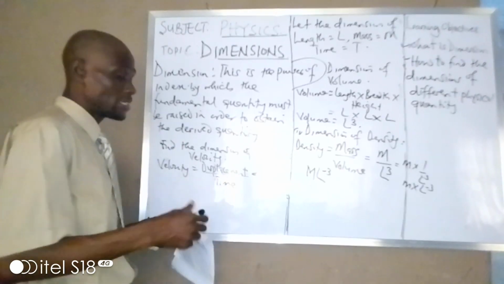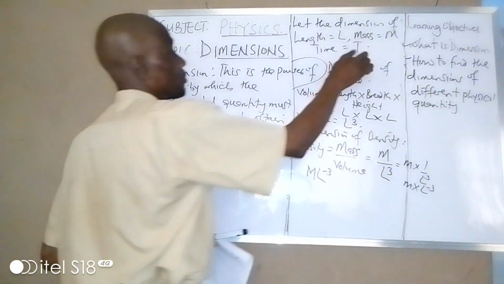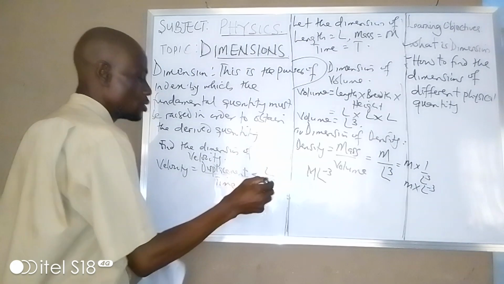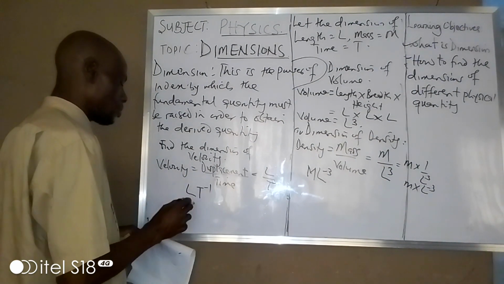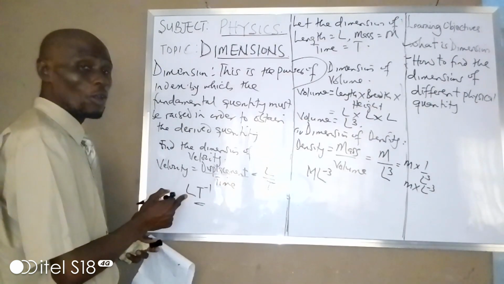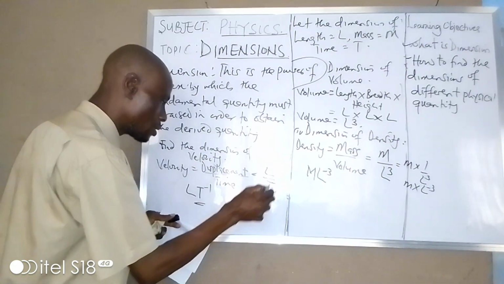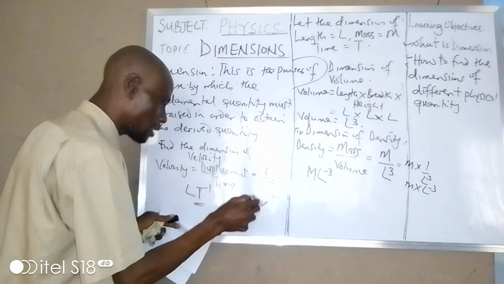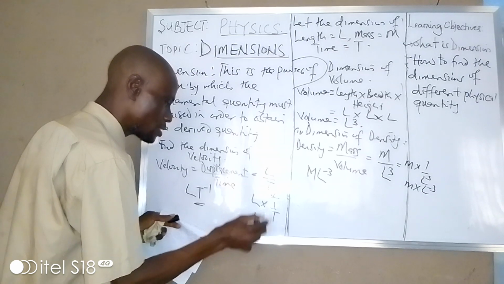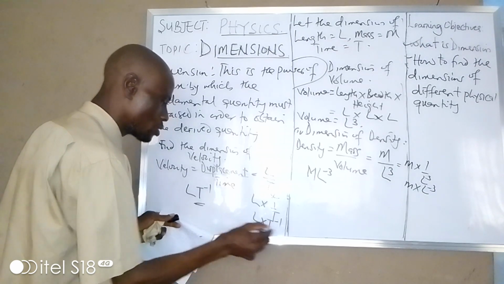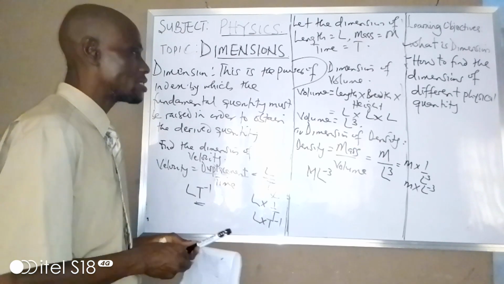It's also length, L. Okay. What is the dimension of your time? Capital T. So by the time you combine them together, now I have L T raised to power minus 1. So this is the dimension of velocity. How do we get this? From this place, we have the expression L times 1 all over T, which is equal to L times T raised to power minus 1. So that's how to get the dimension of velocity.